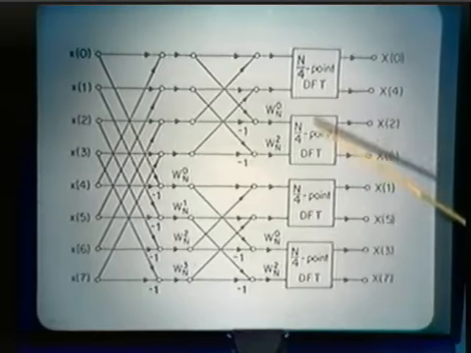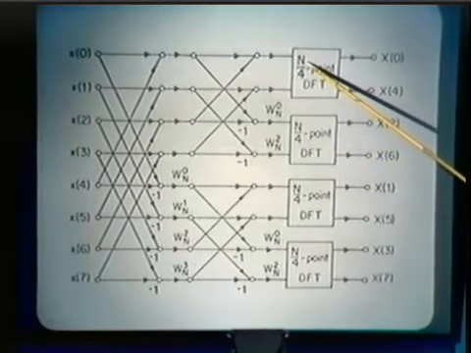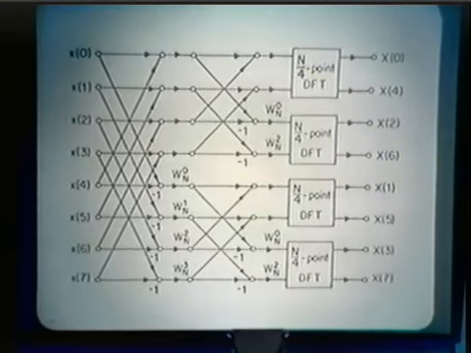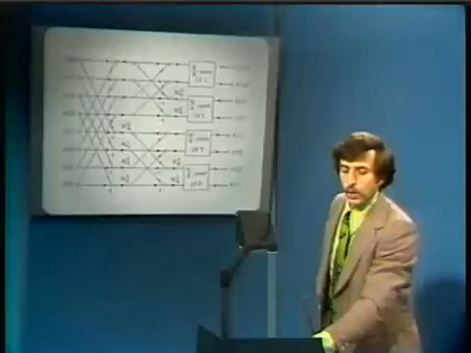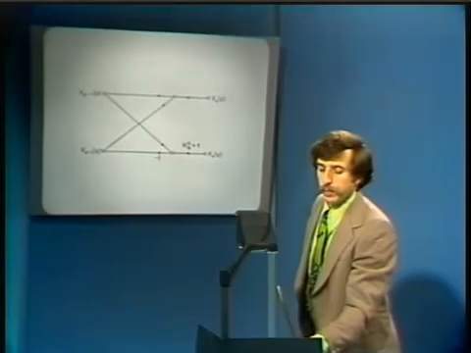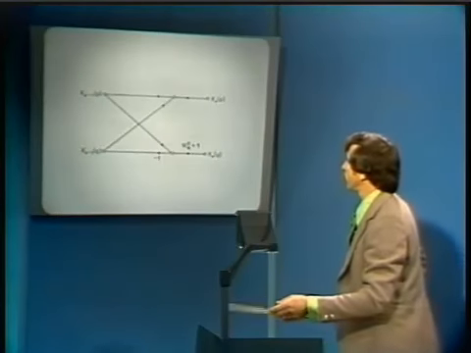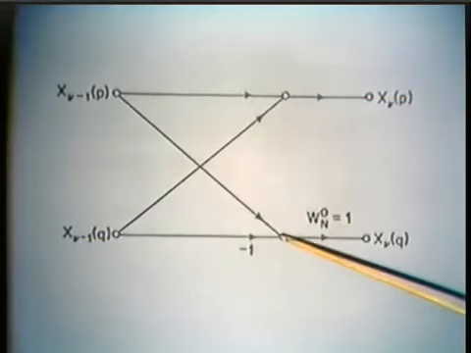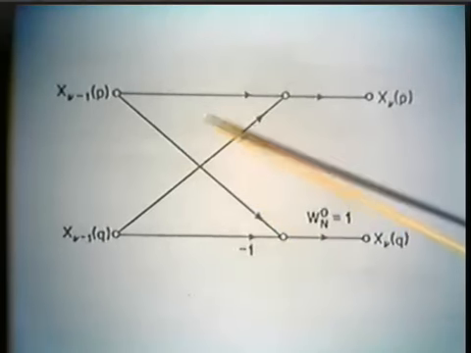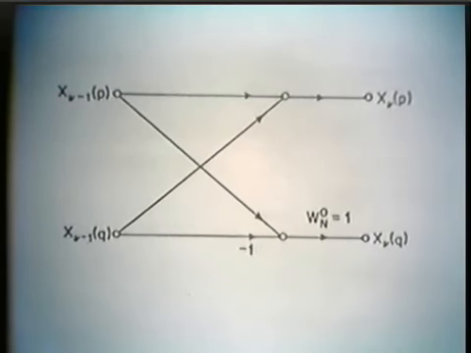The n over 4 point DFTs, if we consider the specific case of n equals 8, are just simply 2 point DFTs, which involve, as they did in the decimation in time form of the algorithm, just simply a computation involving an addition and a subtraction. In other words, just a simple butterfly.